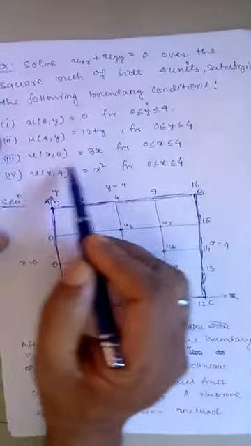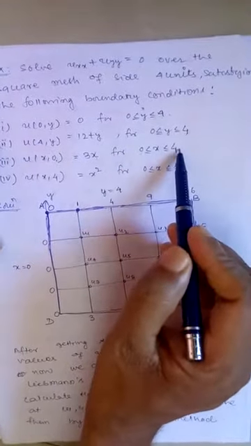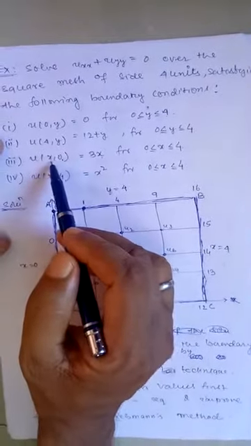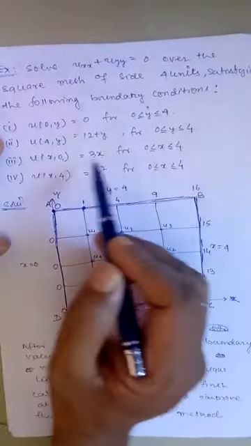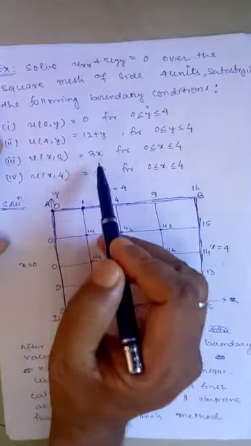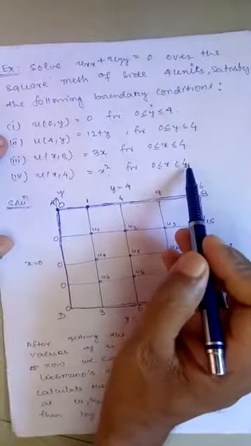And similarly, u of x comma 0 is equal to 3x, for x lies between 0 to 4. So whatever value of x may be between 0 to 4, if y is 0, the value will be 3 into x. u of x comma 4 equal to x square, for x lies between 0 to 4.